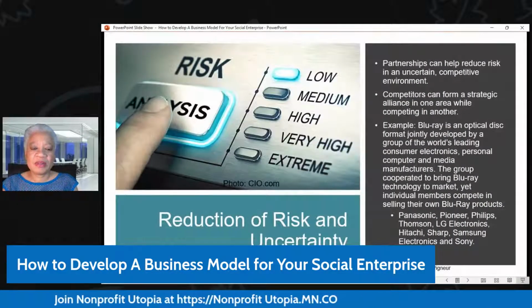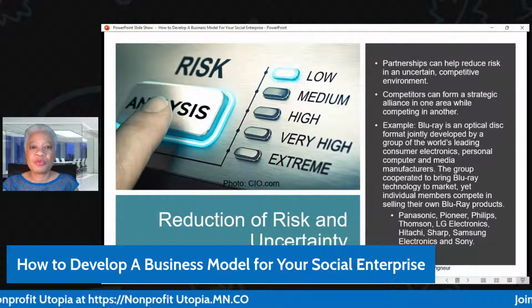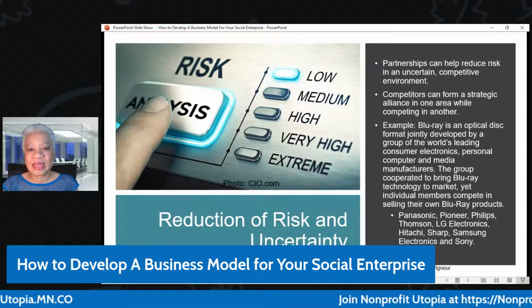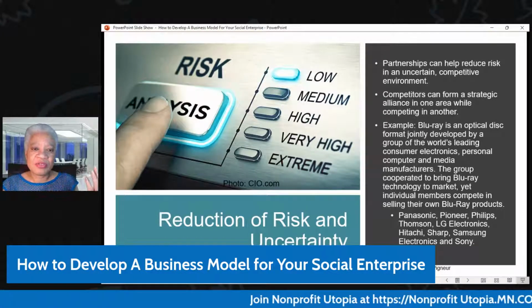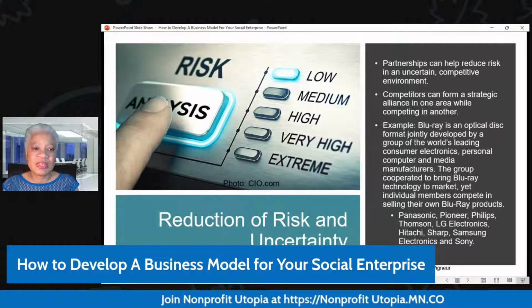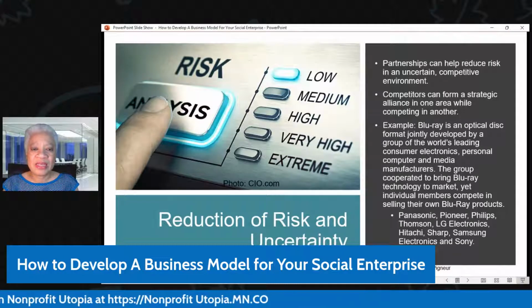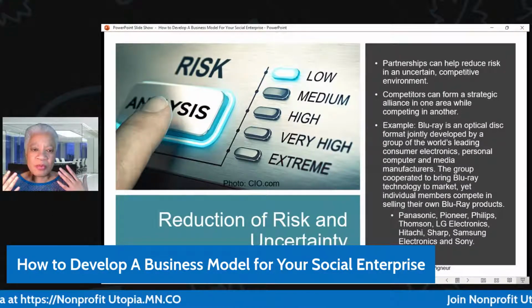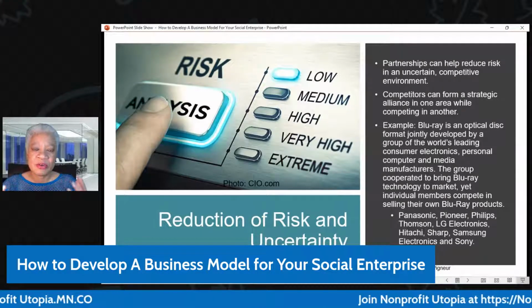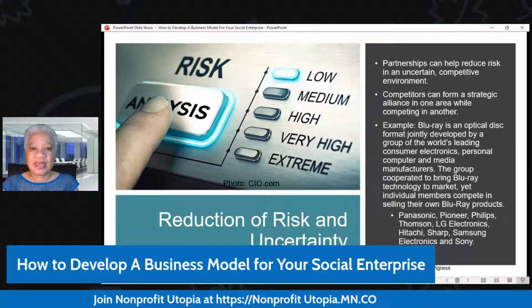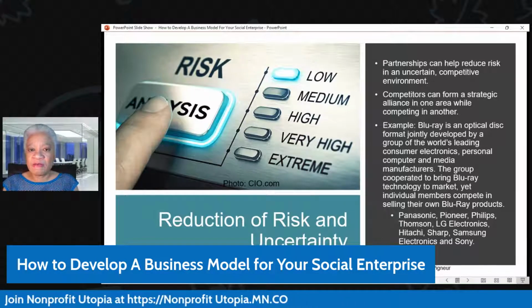Another reason you might want to partner is to reduce risk. A good example of this is the Blu-ray technology, which is really kind of the third iteration of a DVD. You have people, really corporations, who have come together. They're natural competitors, but they came together to develop the Blu-ray technology. It benefits all of them.